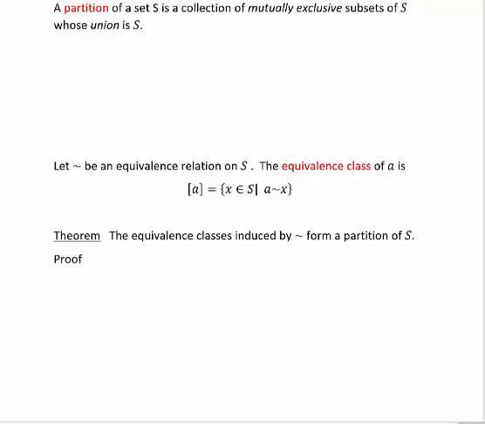A partition of a set S is a collection of mutually exclusive, meaning pairwise disjoint, meaning that if you take any pair of them and intersect, the intersection is empty, subsets of S whose union is all of S. So there's two properties of a partition. They are pairwise disjoint sets whose union is all of S.